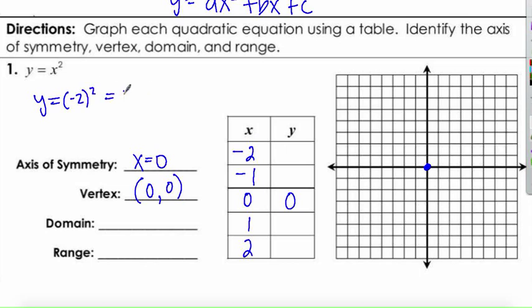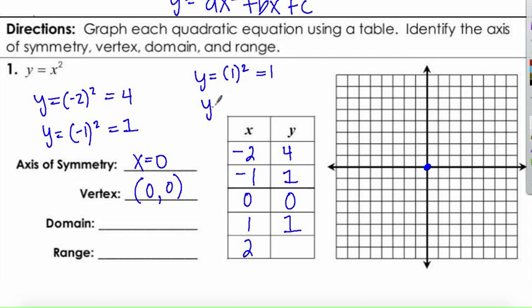And -2 squared is just 4, so that's the y value for this one. Then we've got y is equal to -1 squared, which is just a positive 1. When I plug in the other two, I've got y equals a positive 1 squared, which is just a positive 1, and y equals a positive 2 squared, which is a positive 4.